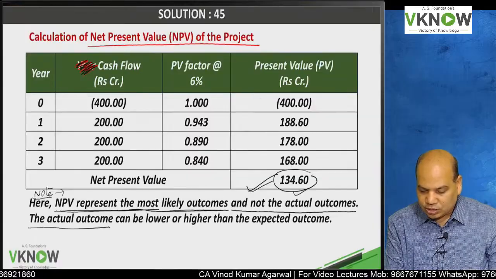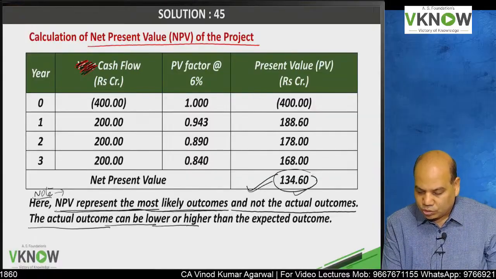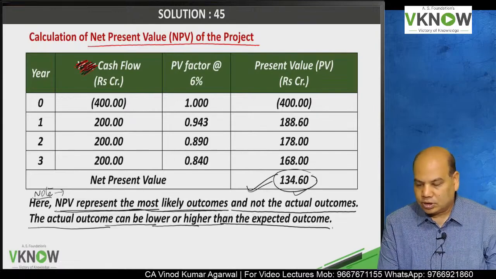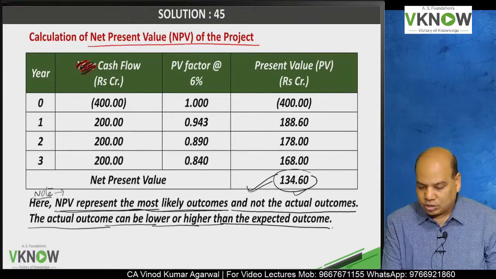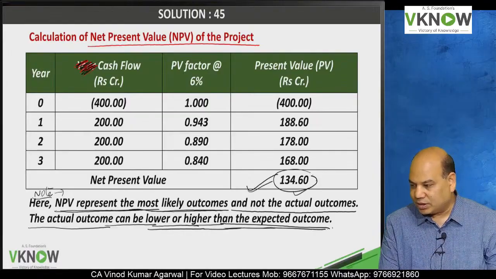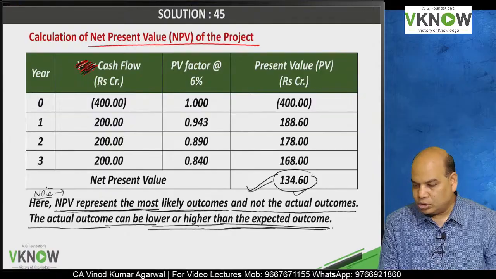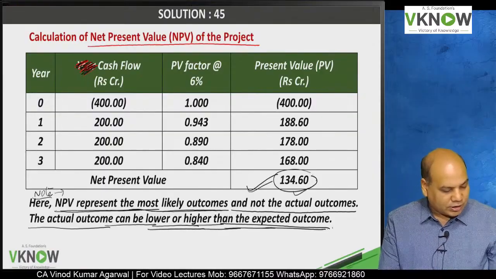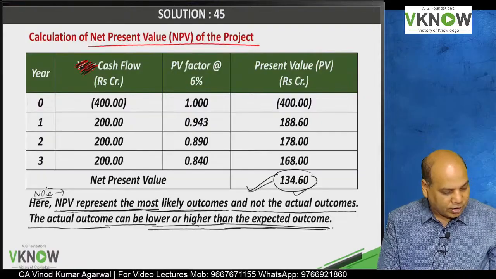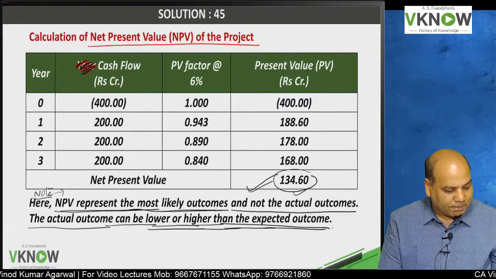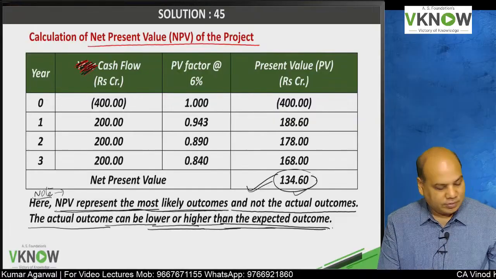The actual outcome may be lower or higher than the expected outcome. Now we have to do sensitivity testing by changing variables adversely by 2.5%.